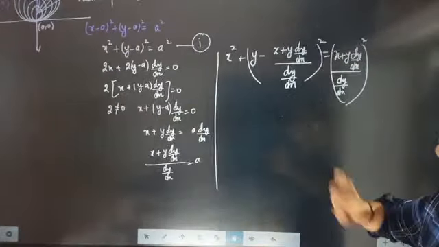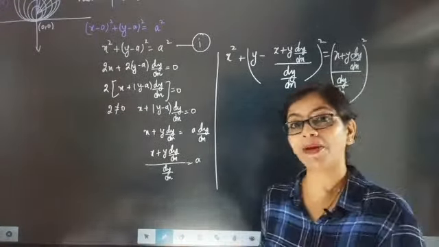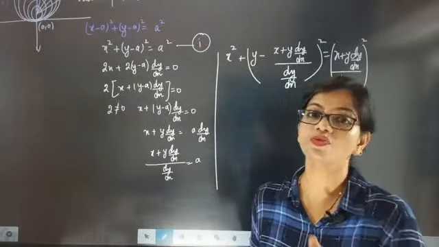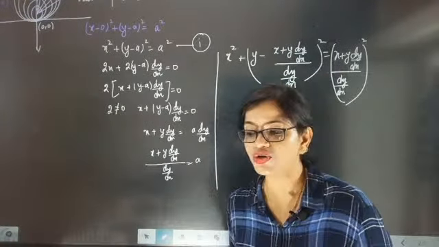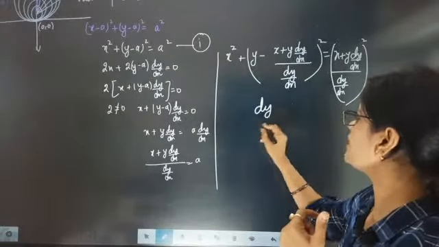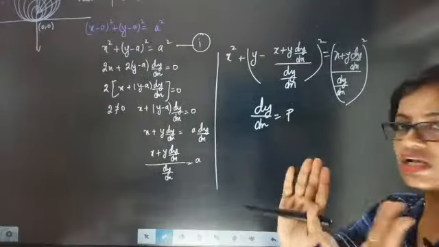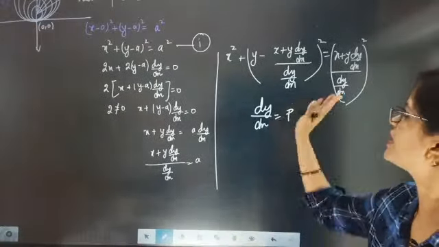Now the best way is to take dy by dx as p. It is not a parameter, I am just substituting for dy by dx so that my calculation becomes easy. Only this work I have done.